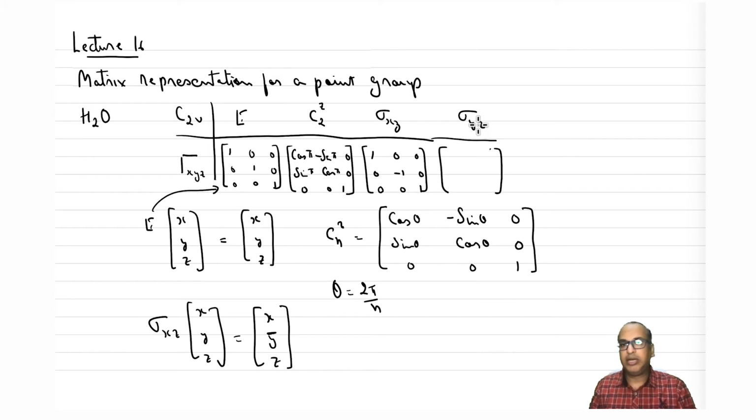Similarly in case of sigma yz, x will be negative, 0 1 0, 0. So this is a very straightforward way of writing a representation in terms of a matrix, where we are using the orthogonal coordinate system as our basis sets, right? And fortunately, our symmetry operations are lying along those axis systems.